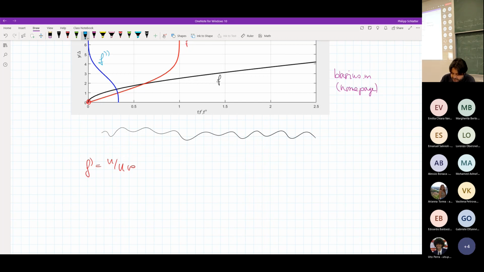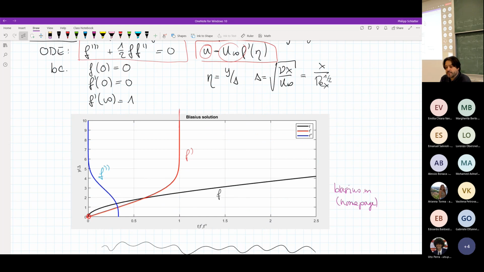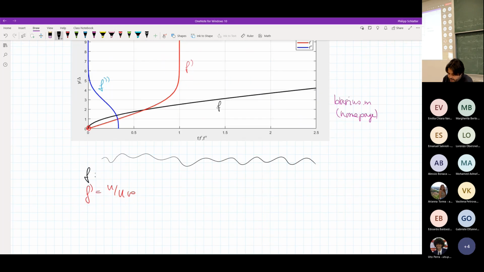Now, of course, you can wonder what f and f double prime are. F, if you think back to what we did last time, is actually related to the v velocity. That's exactly where I made the mistake last time with the term inside the derivative. But f essentially gives you, or is part of, the v velocity. So I would write here that this is related to the v velocity.